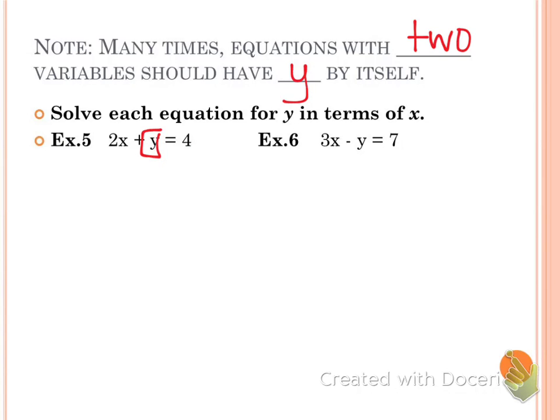If I'm trying to get y by itself, what needs to move from the left side of this equation? The x term. We're trying to get y to stay put and be alone. So we're going to want to move the 2x. Right now, the 2x is positive. How am I going to make it 0 out?